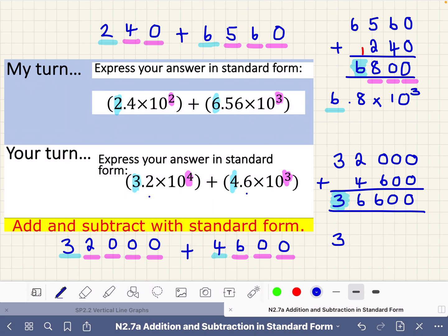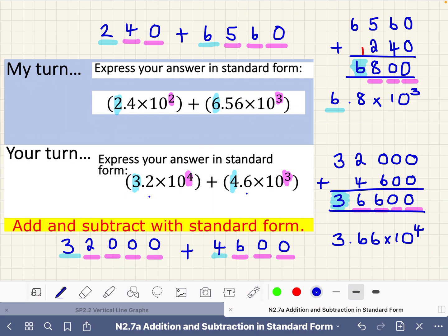We can have no more than a single digit at the start, so a point is introduced with the 6 and the 6. We will have times 10 in our standard form answers, and the power is determined by how many numbers appear after the first number. So 1, 2, 3, 4 means we have a power of 4.